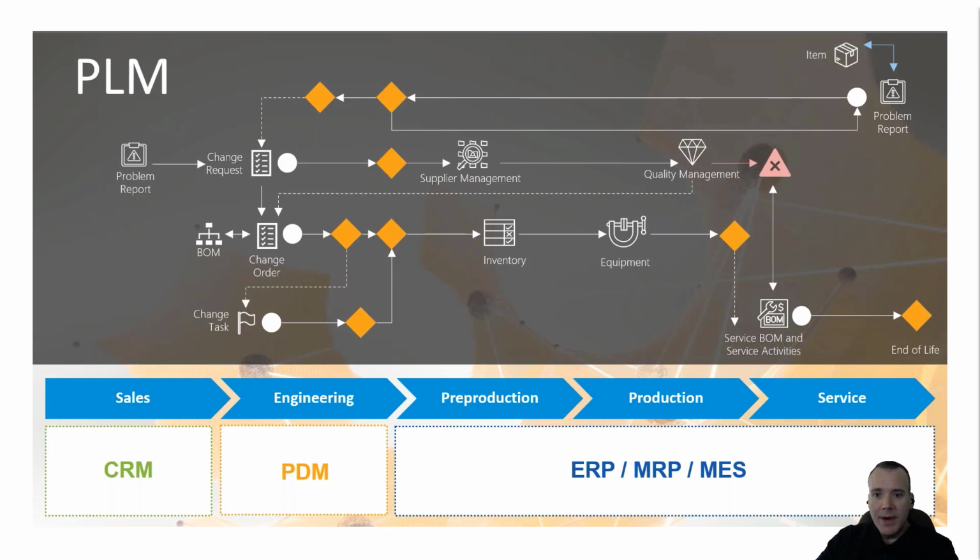So, this is a pretty crazy looking diagram, but these are the kind of things that are involved in overall execution. We have a bill of materials, changes get made to those BOMs.